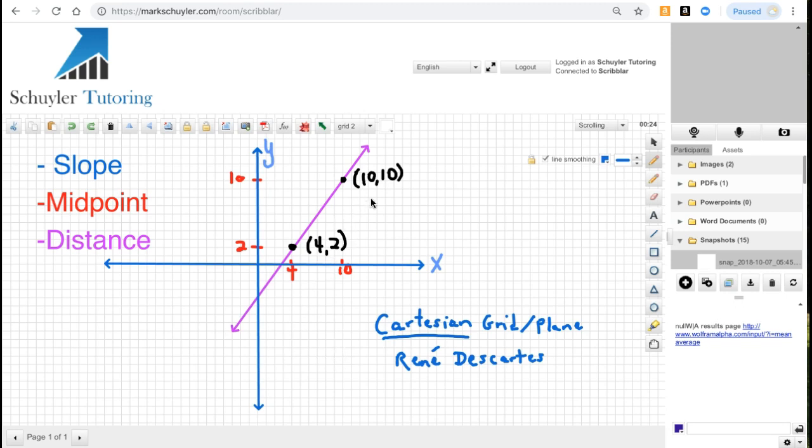So I want to make sure that you know one other thing before we begin. Not only that René Descartes, there's where we get Cartesian plane, invented this, but he numbered the grid system in an interesting way. And I want to make sure that there's no confusion about the numbering of the grid. We usually use quadrant 1 a great deal, and that's not a surprise.